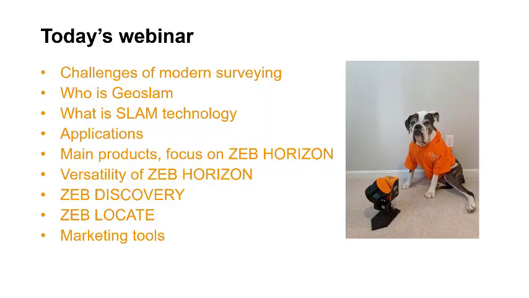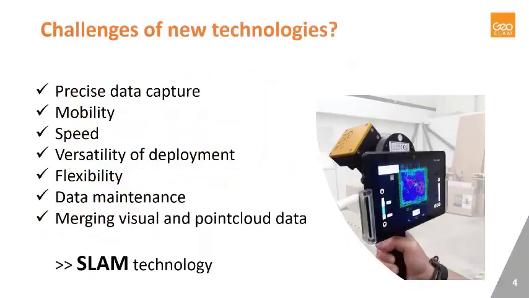Last but not least, I would like to show some marketing tools or present you some ways where you can study more about our products, also watching more technical webinars which are done by our application engineers and by our partner companies as well.